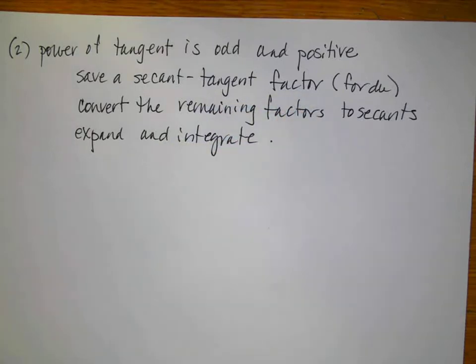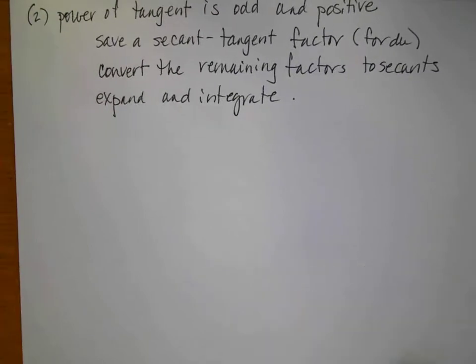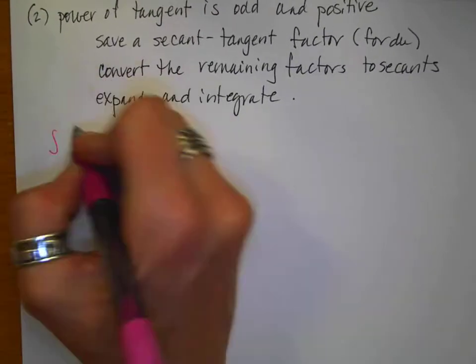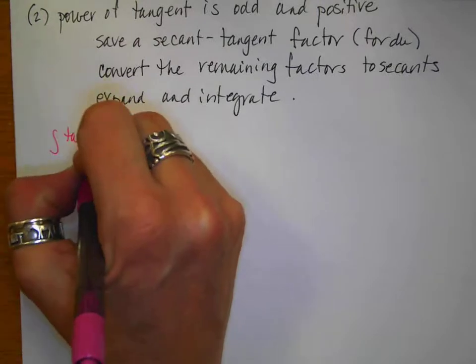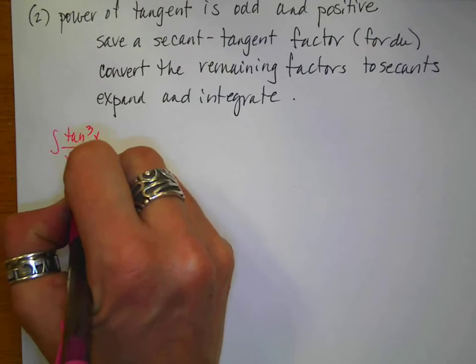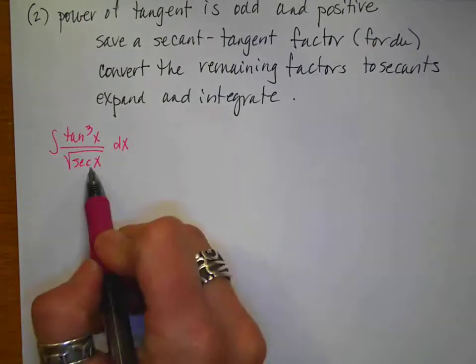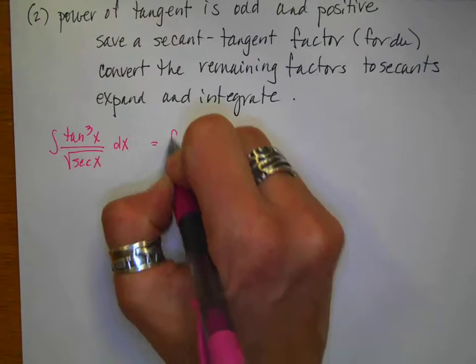All right. So now let's do our next example. Okay, scoot this guy up a little bit. So I want to do the integral of tangent cubed of x over the square root of the secant of x dx. So before I start, I'm going to rewrite this guy.